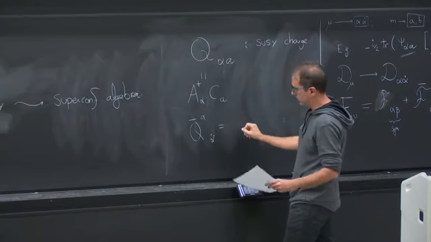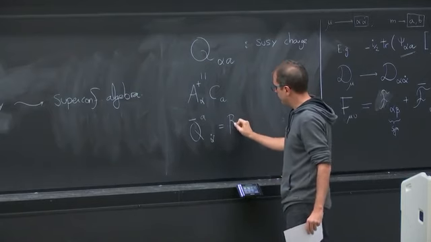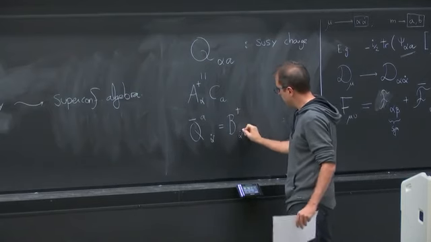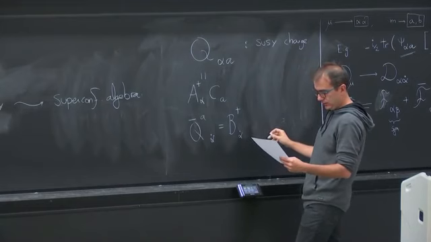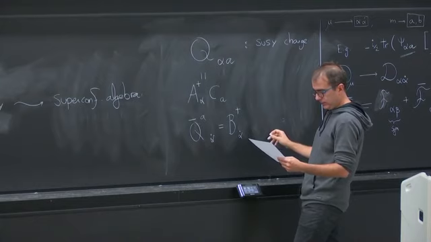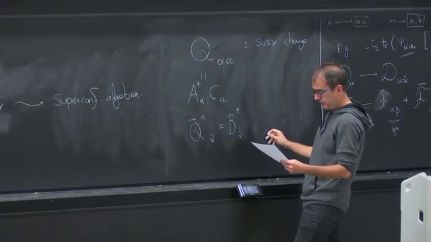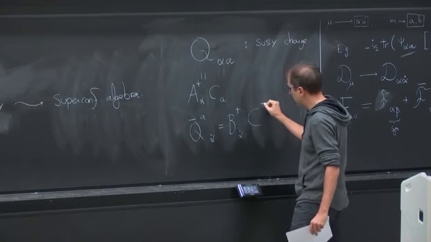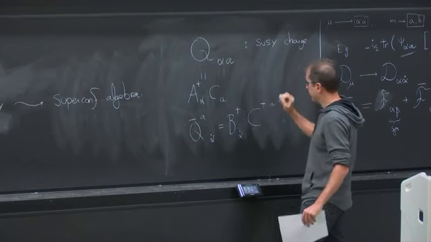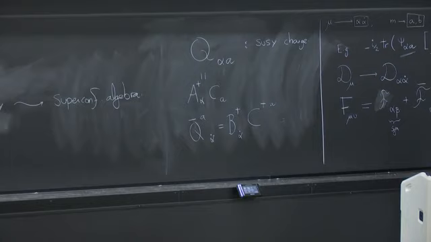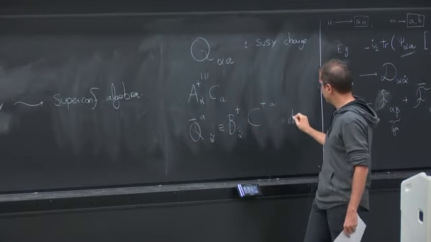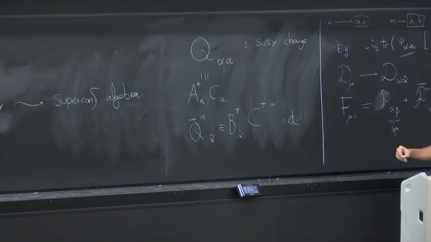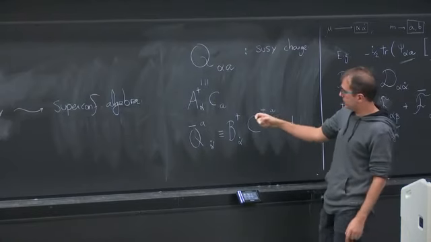That would put an index alpha dot and here it would create as well an index A. Etc. And we can write a few more generators in a second. So let's just see what these generators do.